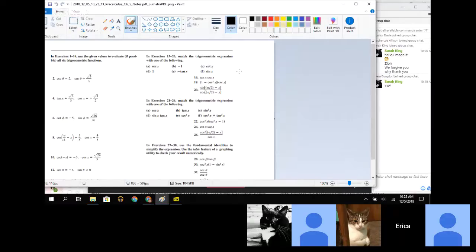So I think we should do number 6 because it's a fun symbol to write. I forget what that Greek letter is. I don't know that one off the top of my head, but it's fun to write and it's different than writing x or theta. So let's do number 6.